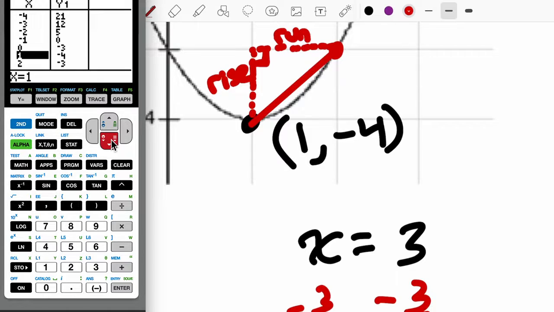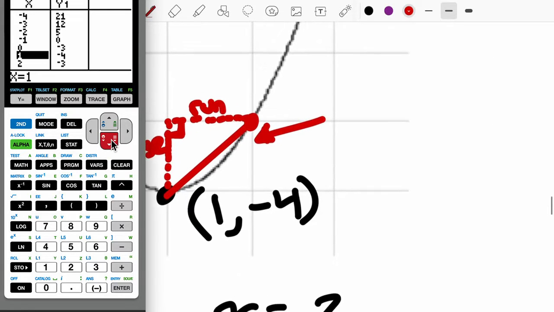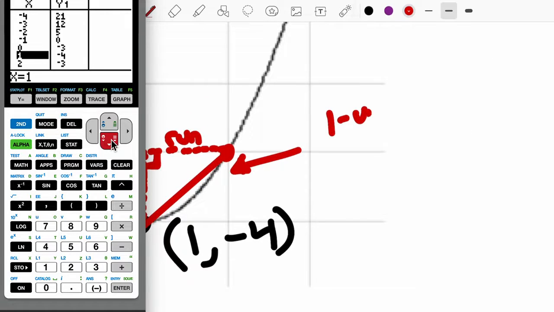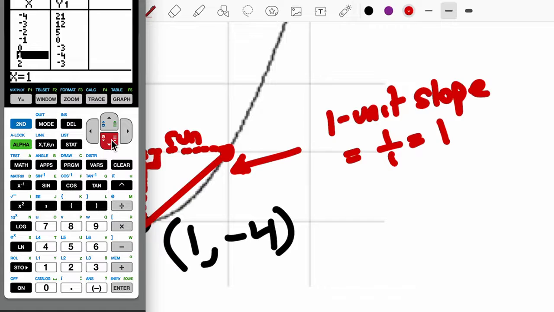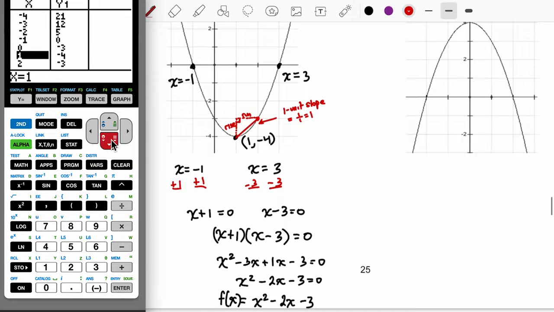So the rise over run here, the slope, is 1 over 1, which is 1, which means that I should multiply my equation, every term, by 1, which means I'm not really changing anything. So if your 1 unit slope is 1, then you've already done the necessary algebra to get the work done.